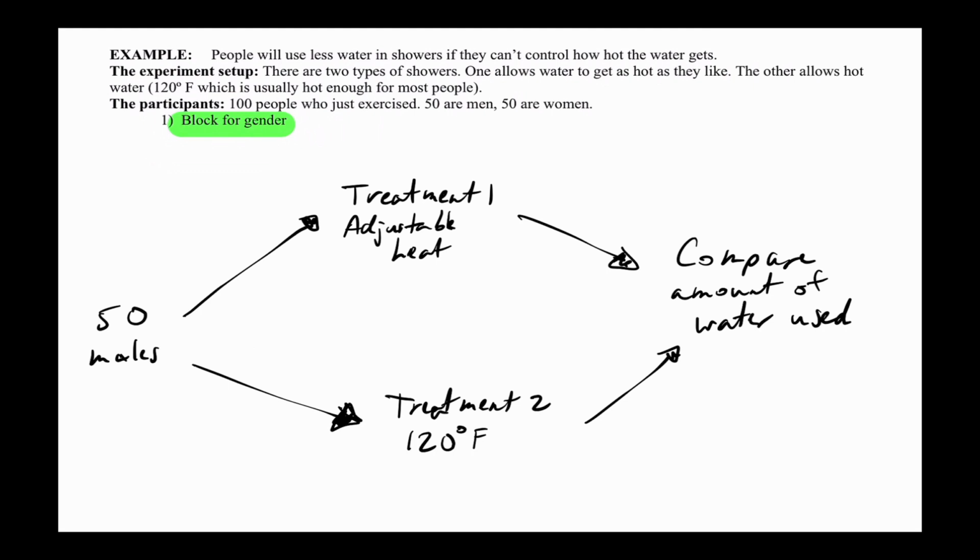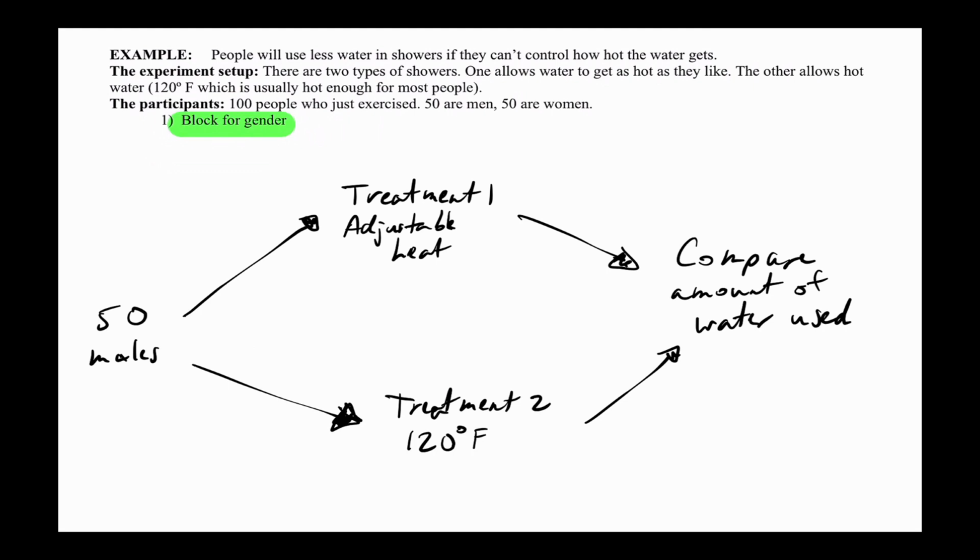Another way to do it is just how long they're in the shower, because if both are the same pressure, and you can't change the pressure, then amount of time would also work. Either one's okay. If I was actually doing this experiment, I'd probably do time because it's easier to measure. If you actually measure the water, it's tough because you have to gather the water somewhere.